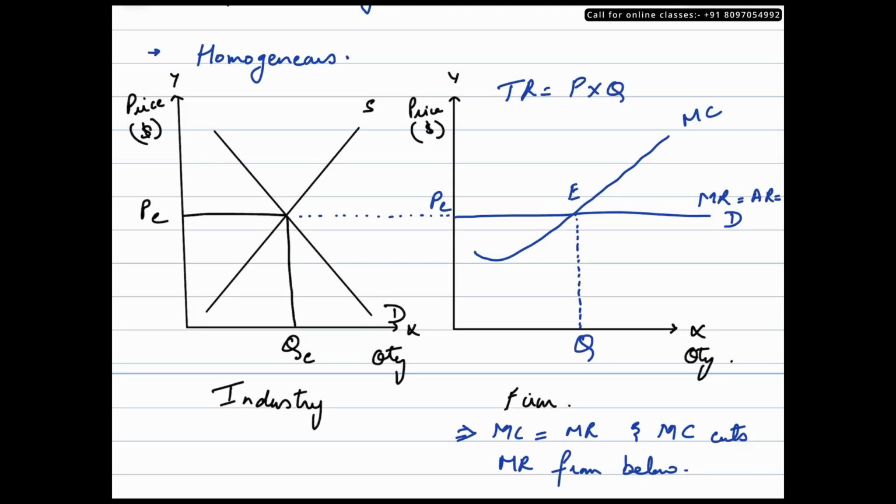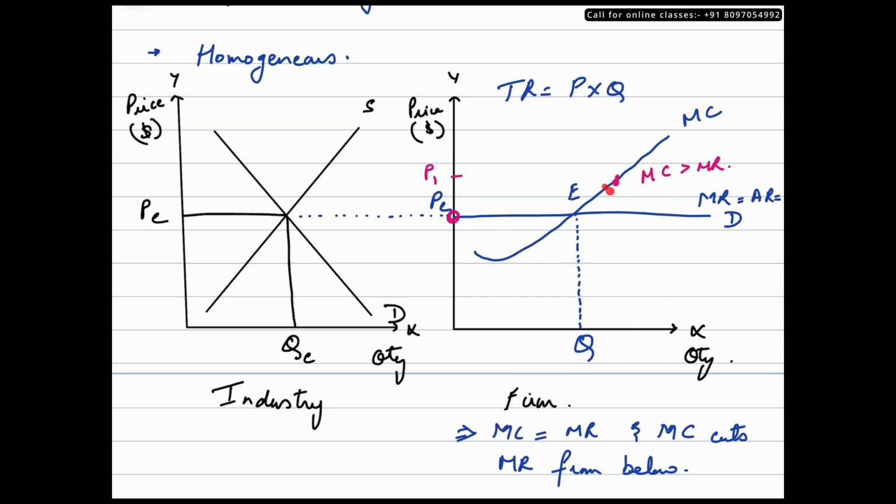Now let's try and see why a single seller or a single buyer is not capable of influencing the price. Let us say the seller is willing to sell at this particular point. Alright. Now at this point, what is the situation? First of all, MC is greater than MR, and secondly, this is a price above the equilibrium price or the price determined by the market. So no buyer is going to buy commodities from this firm at this particular price.